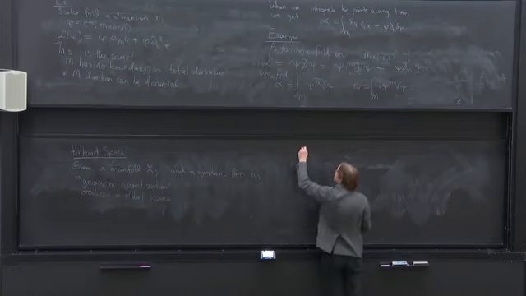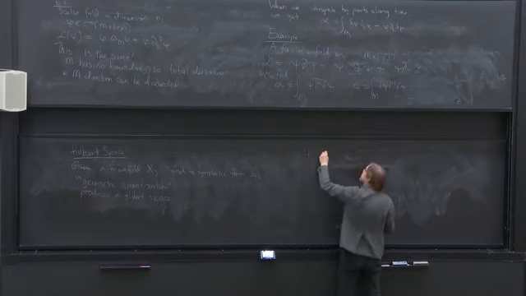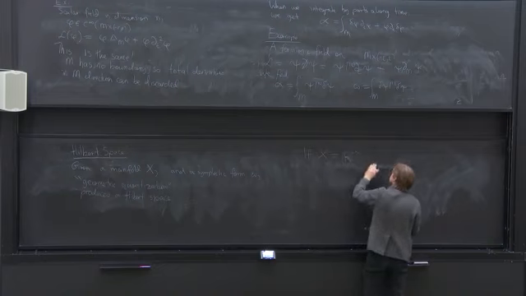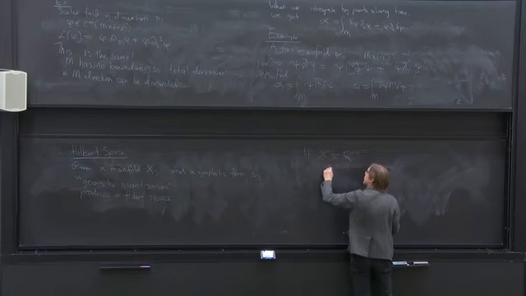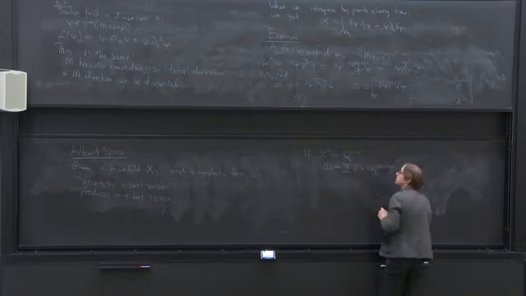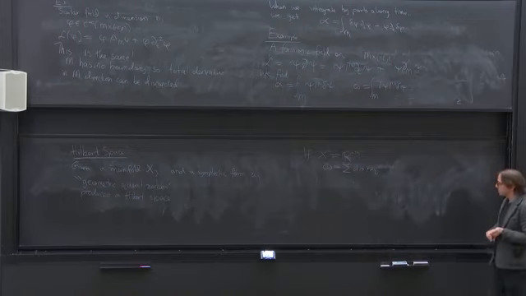Okay, well, let's start with the case X is R^2n, and omega is the sum of dP_j wedge dQ_j.